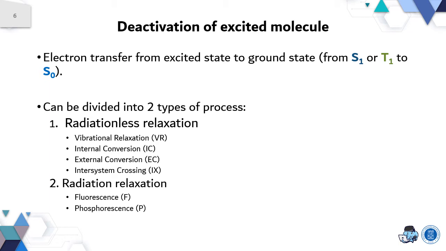For example, vibrational relaxation or VR, internal conversion or IC, external conversion or EC, and intersystem crossing or ISC. There is also radiation relaxation like fluorescence and phosphorescence.